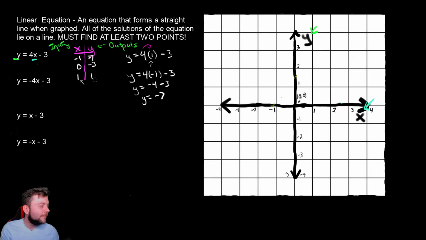So -7. And here's the rough part with this one. My graph only goes up to 4 in any direction, but we have a -1 and a -7. What quadrant is a -1 and a -7 in? Quadrant 1 is the top right, so 1, 2, 3, and then quadrant 4.